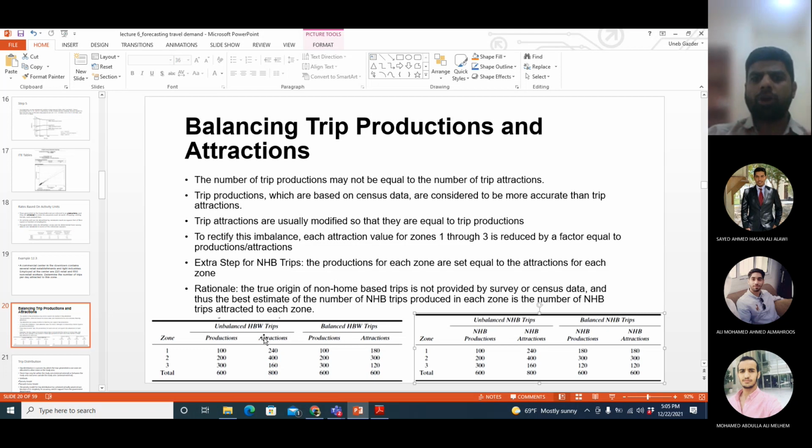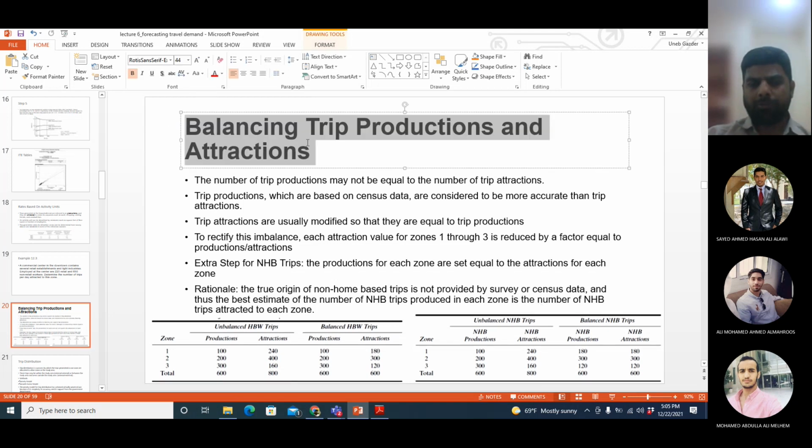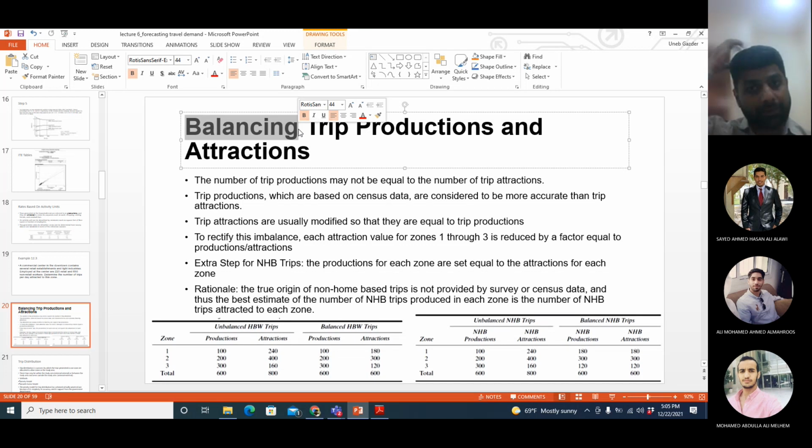Making trip production and attraction equal is known as balancing. Balancing must be applied for the same type of trips. You cannot merge home-based work trips and home-based other trips and try to balance them. It will be wrong.